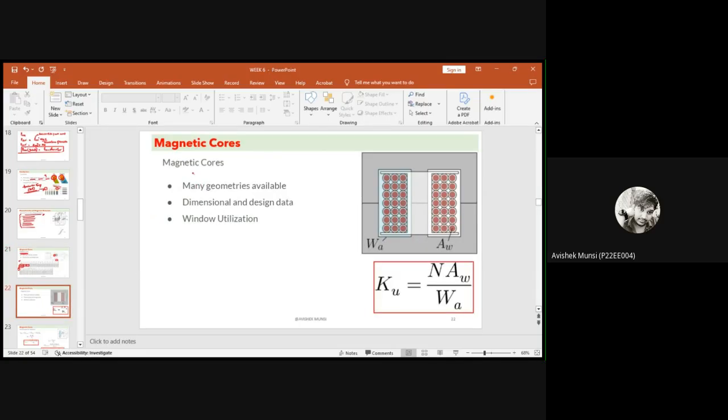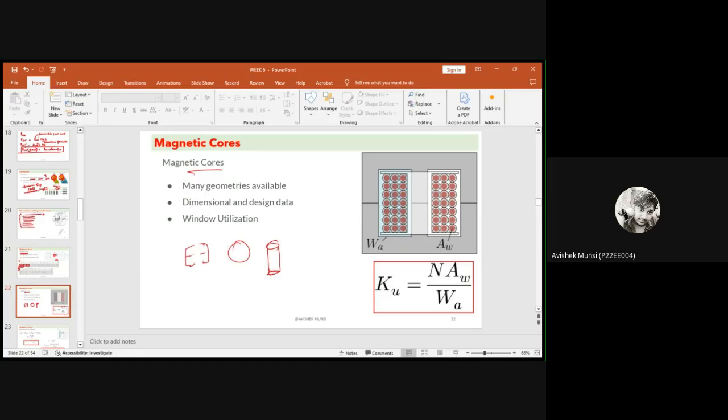Number one, the magnetic core. It has many geometries, as I said, E core. The core may be like this, like this, or like solenoidal.